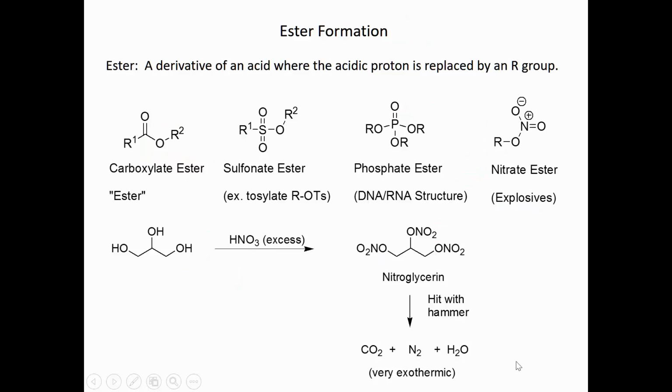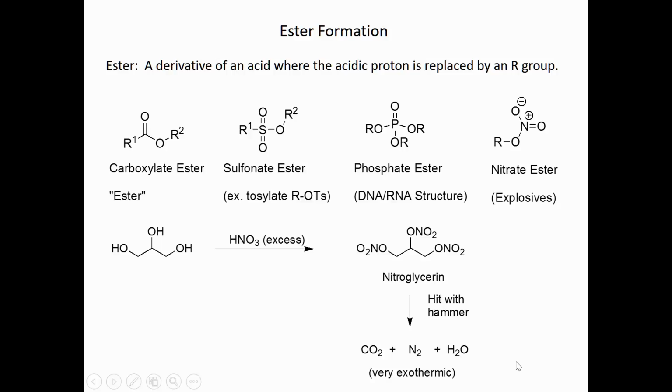Okay, another reaction that we'll look at, and we're going to look at this in three pieces, is ester formation. An ester is formed from the reaction of a carboxylic acid and an alcohol, and we're going to take up the fine details of ester formation when we talk about carboxylic acids.